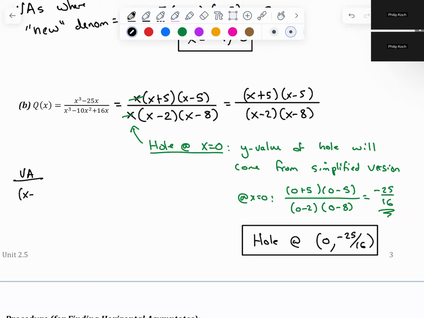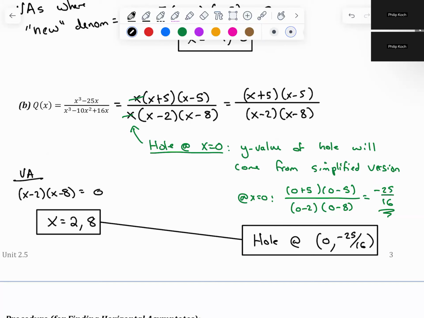You've got (x minus 2) times (x minus 8) equaling 0. That gives me two vertical asymptotes, x equals 2 and x equals 8. So we got vertical asymptotes at x equals 2 and x equals 8, and we have a hole at 0, -25/16.